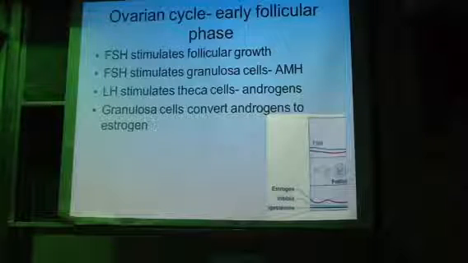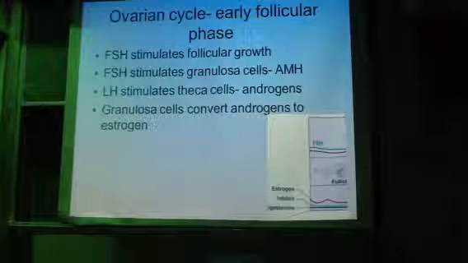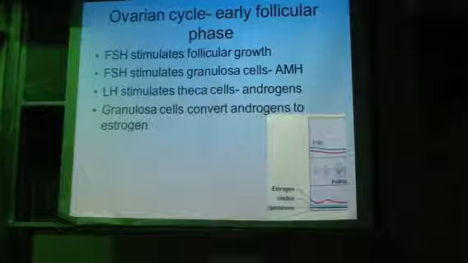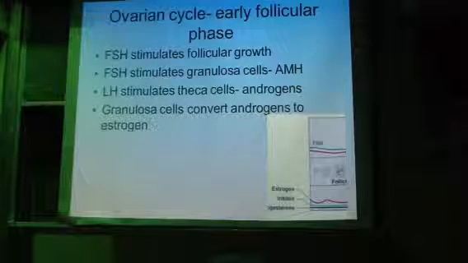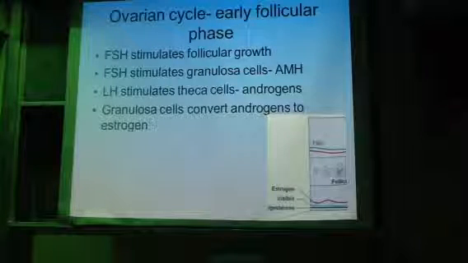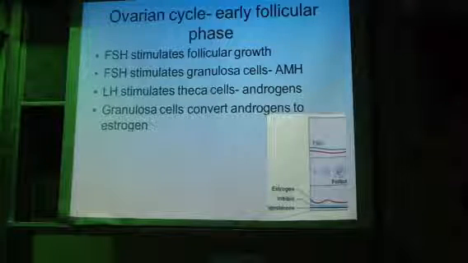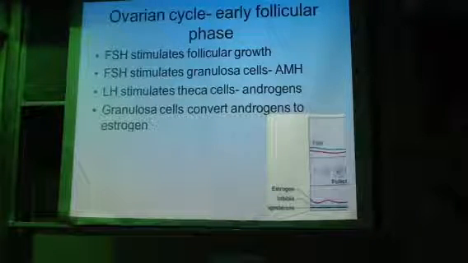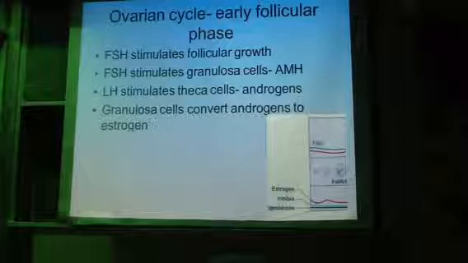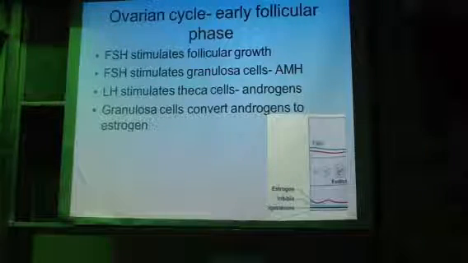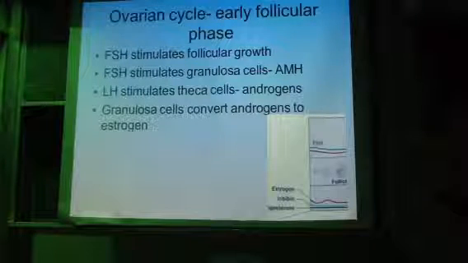Now we're at day 1, which is menstruation. You can see estrogen is low. You get a little bump there because you're starting to develop the follicles. Progesterone is low, inhibin is low. Now, I didn't talk to you too much about anti-Müllerian hormone except for the male, but FSH stimulates the granulosa cells to make this anti-Müllerian hormone.